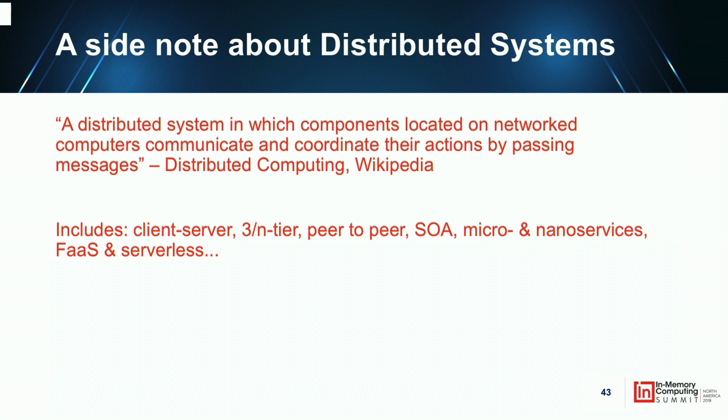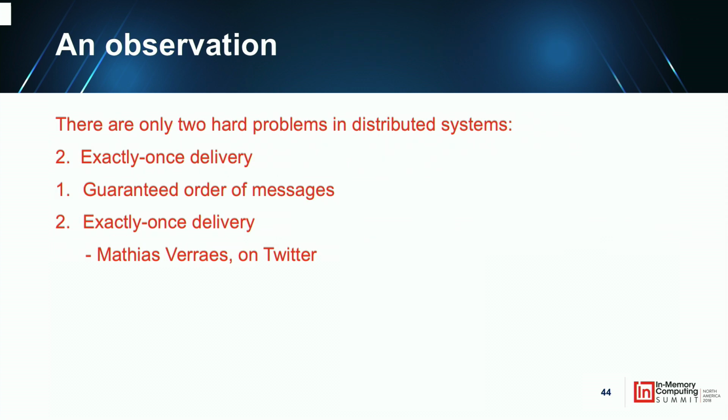So not only are these special use cases, they're quite popular. This kind of communication is used a lot: in client-server, n-tier architecture, peer-to-peer, service-oriented architecture, microservices, I guess nanoservices. All of these systems are distributed and need to talk to each other, and Redis can now be used in a preferable way for these use cases.